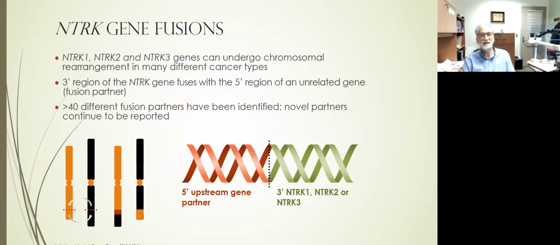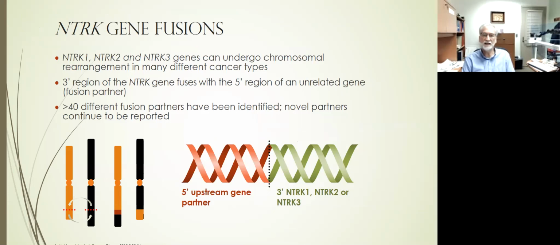We have, as I said, 3 genes, NTRK 1, 2, and 3, which are then in cancers usually rearranged so that they're on the 3' end. They are then binding to a 5' region of an unrelated gene that then drives expression of this protein.